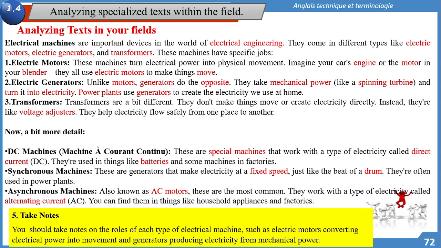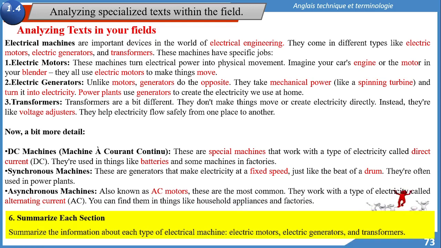For example, electric motors turn electricity into movement, while generators make electricity from mechanical power. This is for taking notes. So you could provide a summary.